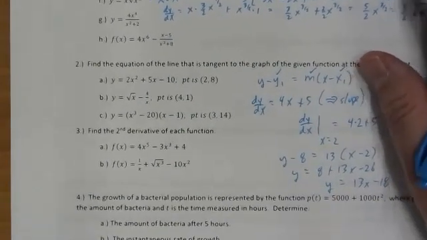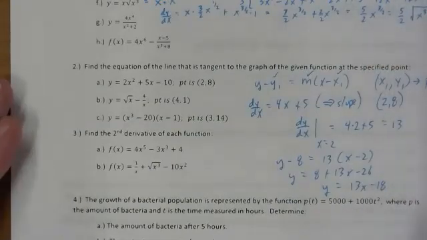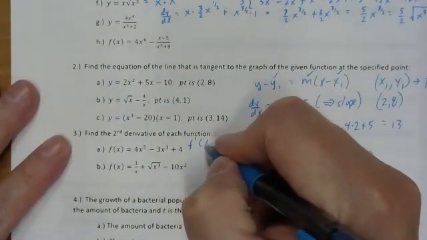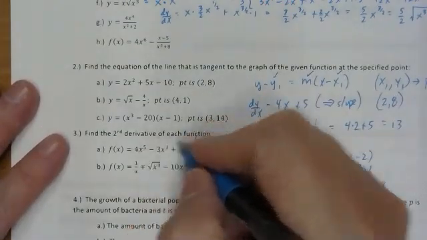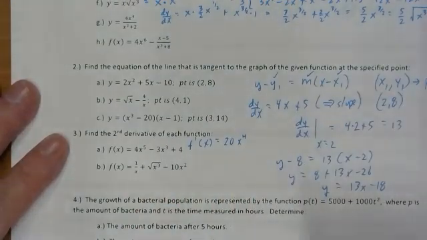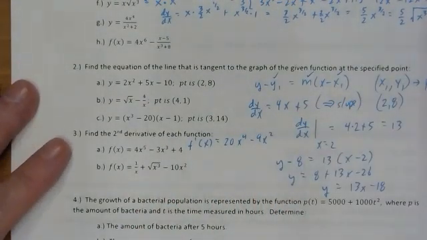3a and b, second derivatives. These are all power rules, so that's 20x to the 4th minus 9x squared.